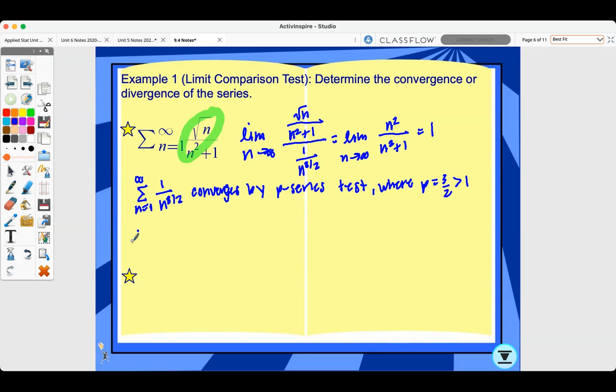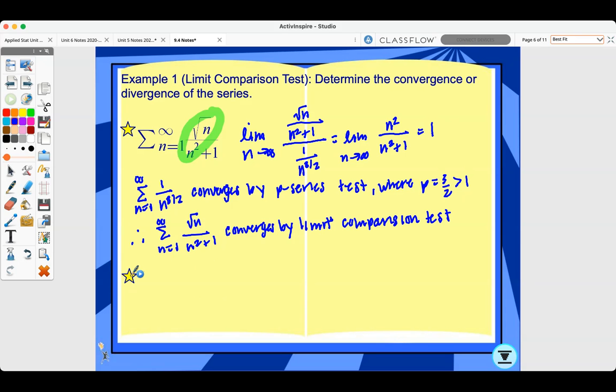Therefore, our original series converges by the limit comparison test, because you get something finite and positive. So that limit here was finite and positive. It was 1.